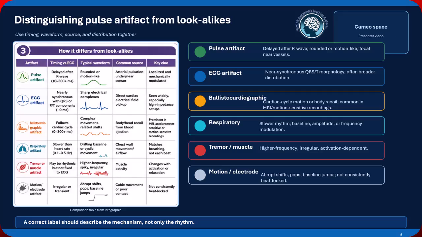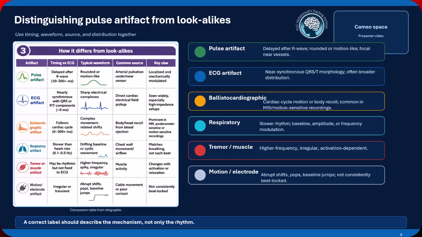Ballistocardiographic artifact reflects body or lead motion caused by cardiac ejection. Respiratory artifacts follow breathing rather than each heartbeat. Tremor and muscle artifacts may be rhythmic, but they are often higher frequency, irregular, and activation dependent. Motion or electrode artifacts tend to produce abrupt shifts, pops, or baseline jumps rather than a stable pulse-related pattern.